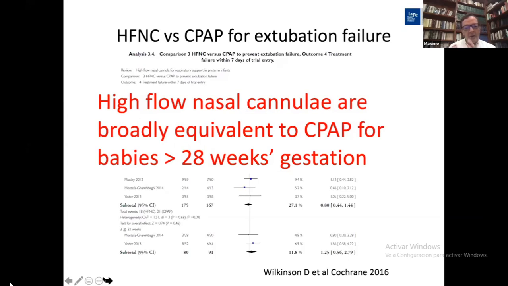So we concluded that high flow nasal cannula could be satisfactorily used for avoiding extubation failure in babies of this gestational age.